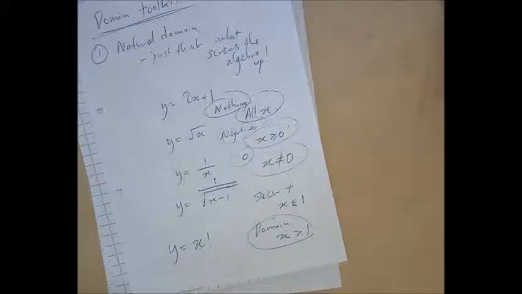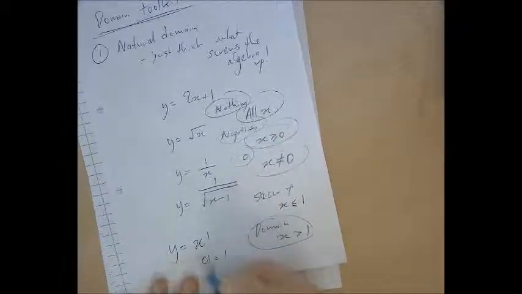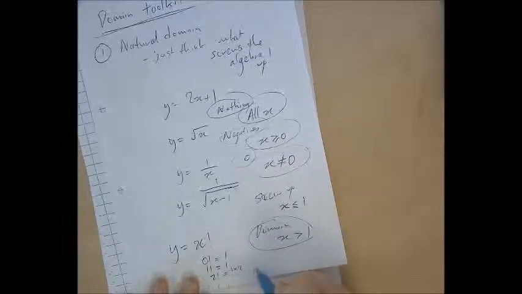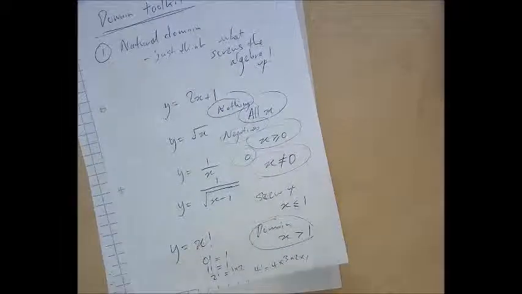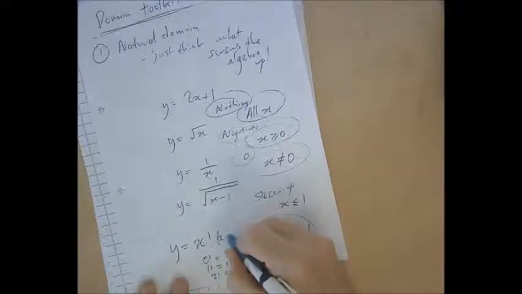Can't cope with -3. Yeah, but it can cope with 0. If you do that on a calculator, you get 1. So the natural domain of that is x dot dot. What type of number are we talking about?